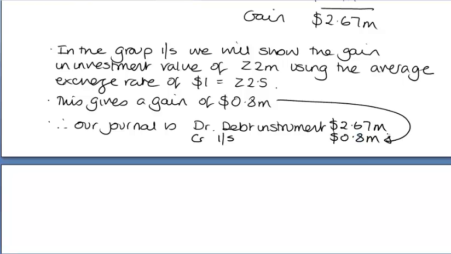We've just done that calculation. And the remainder of the increase in the value of the investment is taken to OCI. Remember, when you consolidate a foreign subsidiary, currency gains and losses on translating the assets and liabilities of the subsidiary go to OCI. So that's going to be the balancing figure. It's 1.87 million.